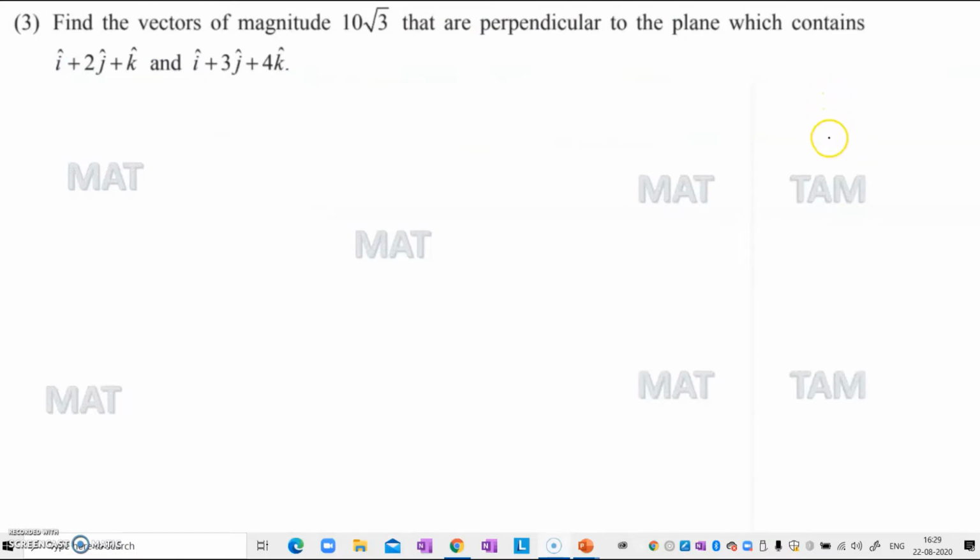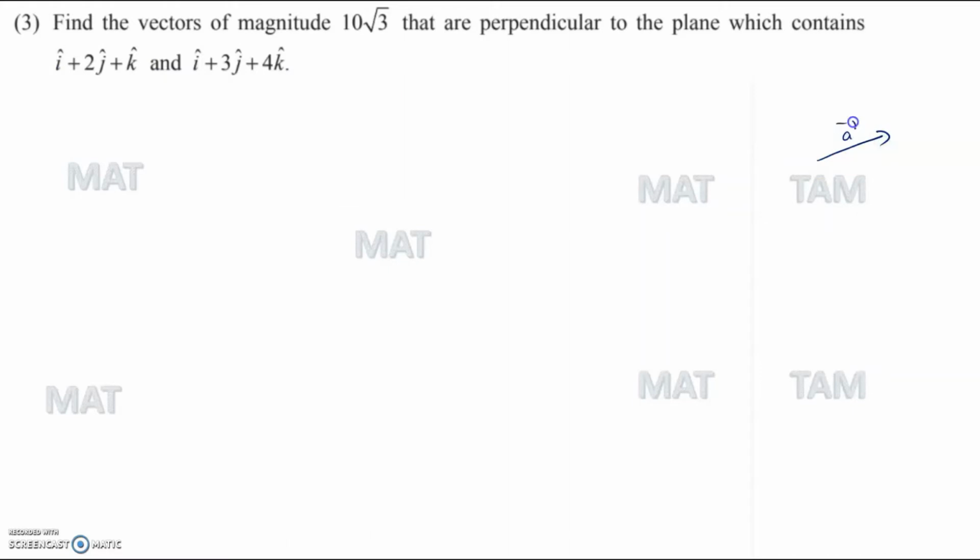Before we proceed with the third problem, if we have two vectors, vector A and vector B, then their vector product is perpendicular to both vector A and vector B. Alright, so what's given here to us is, find the vectors of magnitude 10 root 3 that are perpendicular to the plane which contains these two vectors.